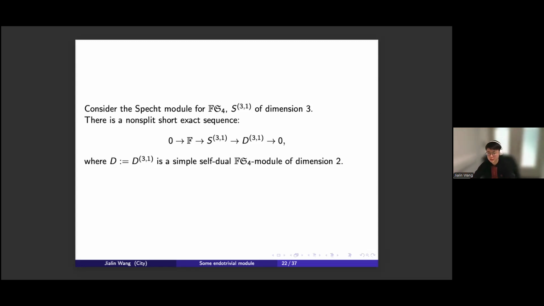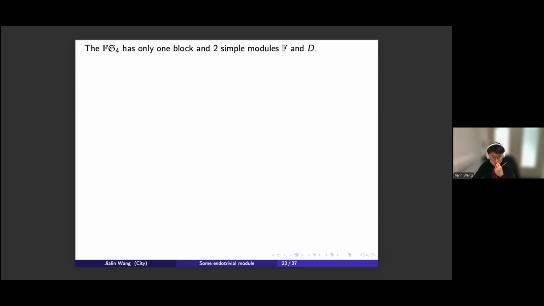I will use D to denote D31. So, in fact, FS4 only has one block. It has a unique block and only two simple modules, which are F, the trivial module, and D31.